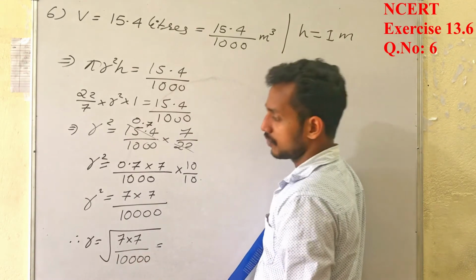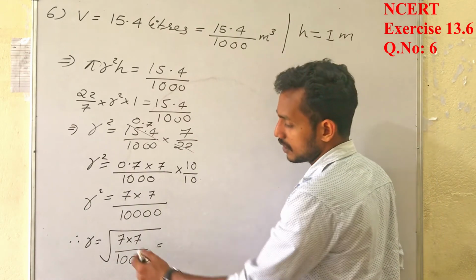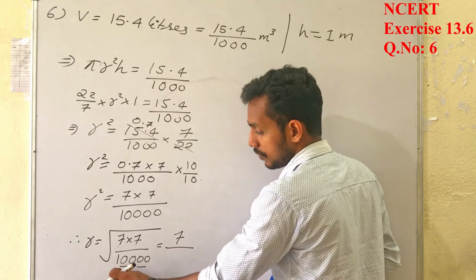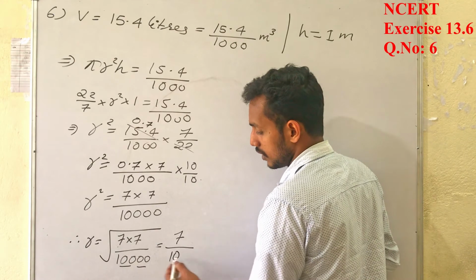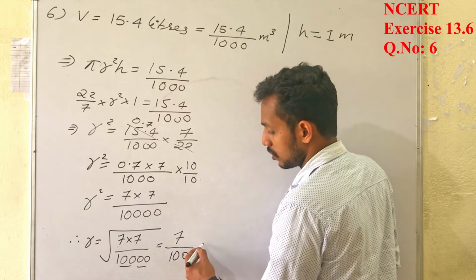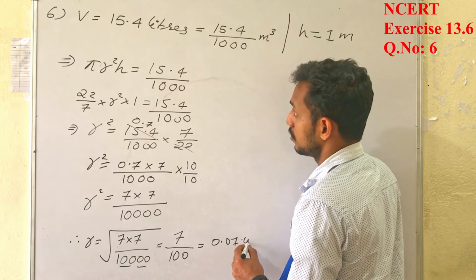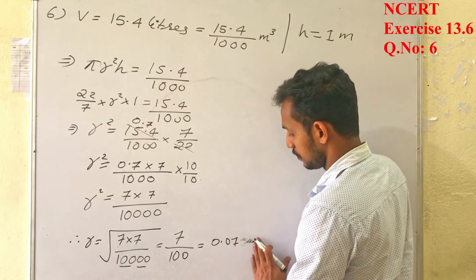When we take the square root, from a pair of 7 we can take one 7 out, and from 10,000 we get 100, which is equal to 0.07 meter.